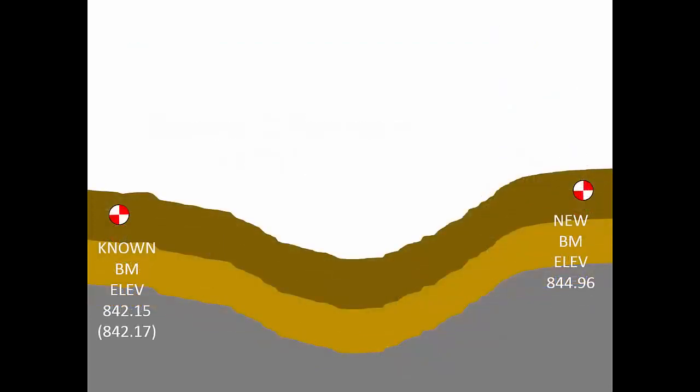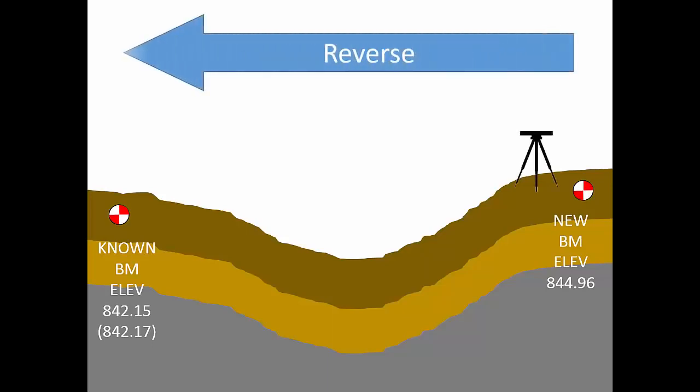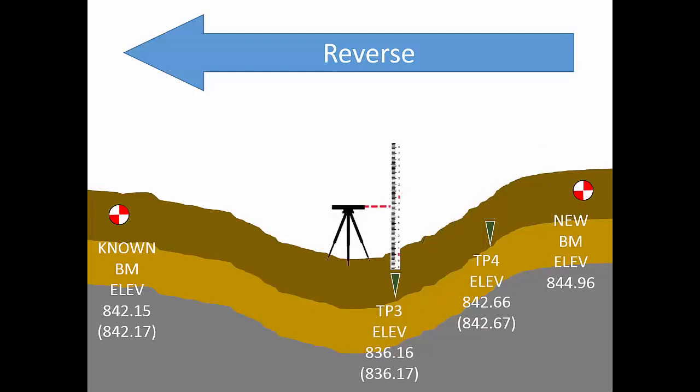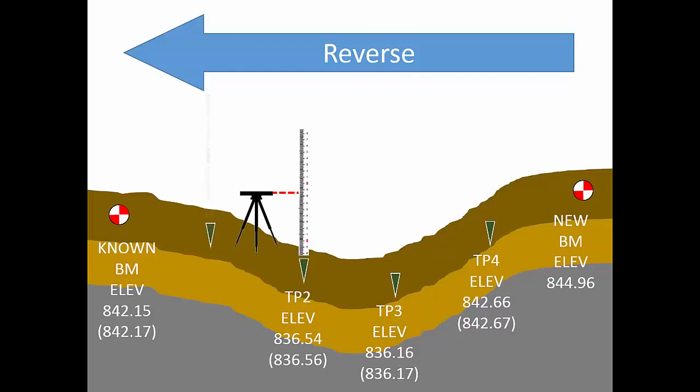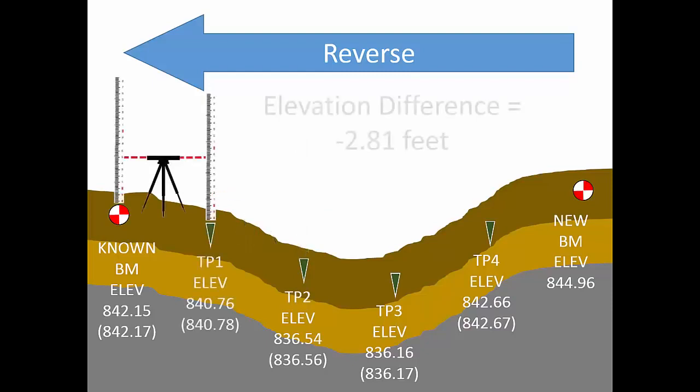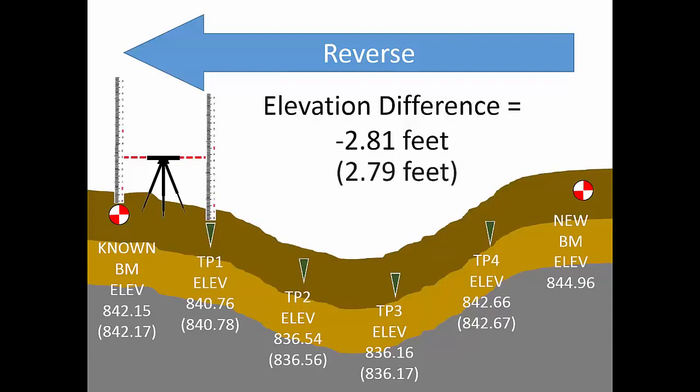By contrast, the reverse run yielded an elevation difference of negative 2.81 feet. It makes sense that this value is negative since the reverse run starts higher and ends lower. So the absolute value of these results differs by only 0.02 feet. That's a fairly small error for a survey of this type.